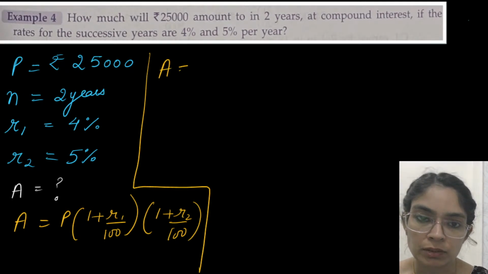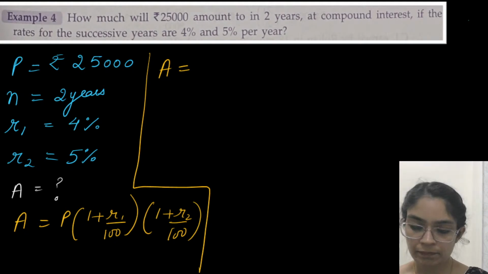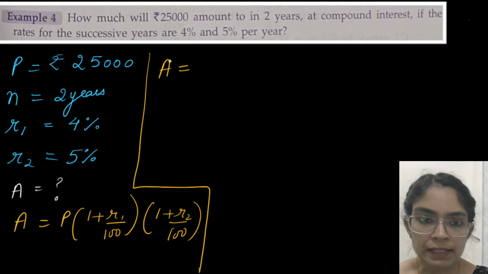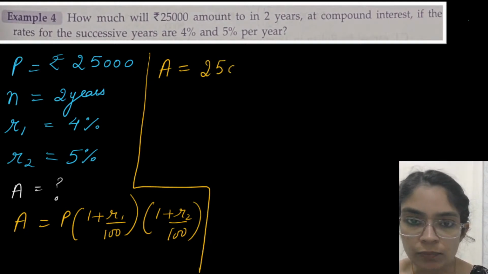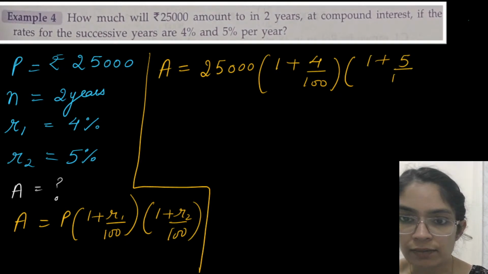So let's substitute the values. Okay, so Divya has given the correct formula. Good. P's value is 25,000. So A is equal to 25,000 into 1 plus 4 by 100 into 1 plus 5 by 100.